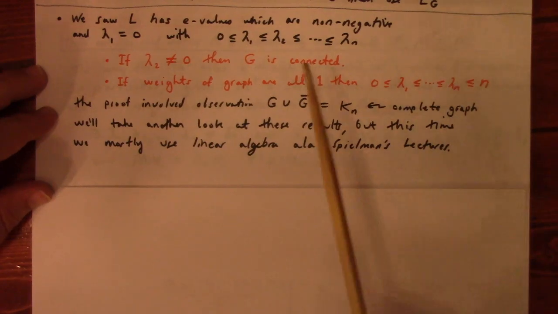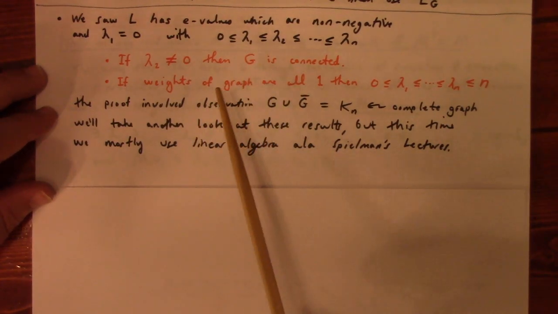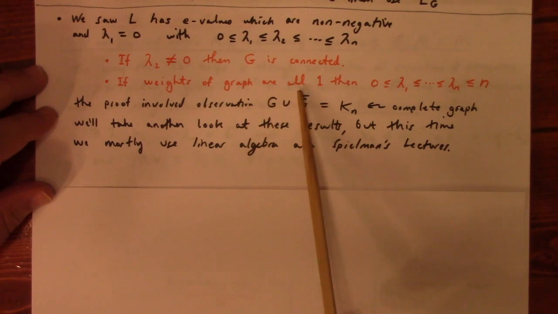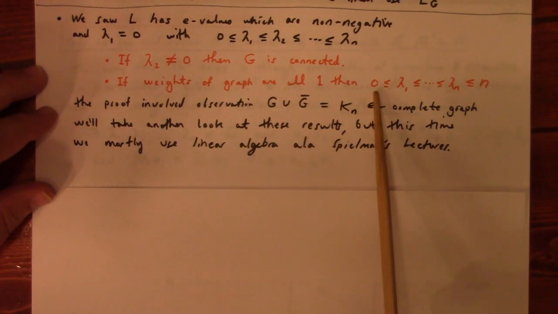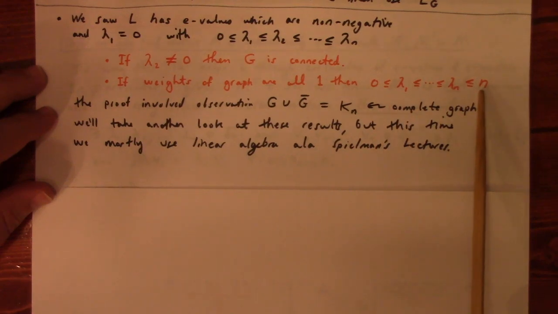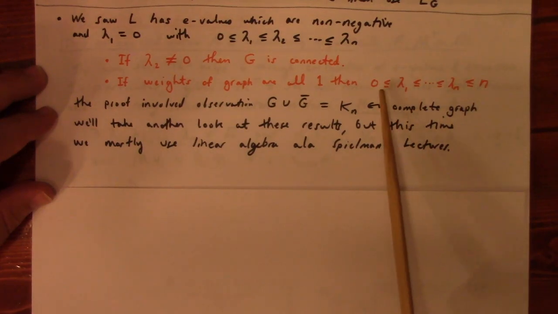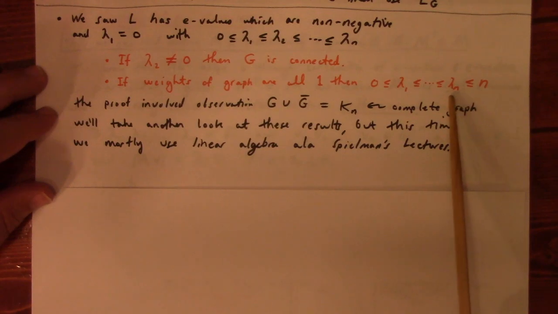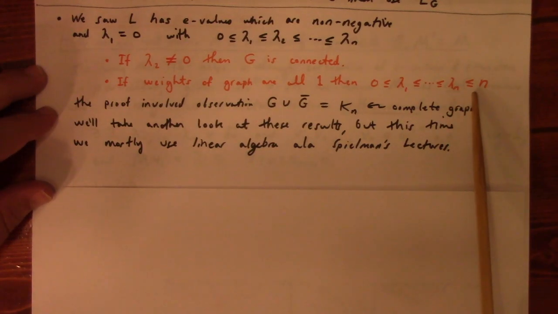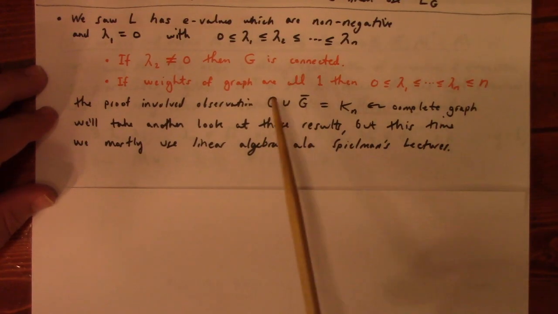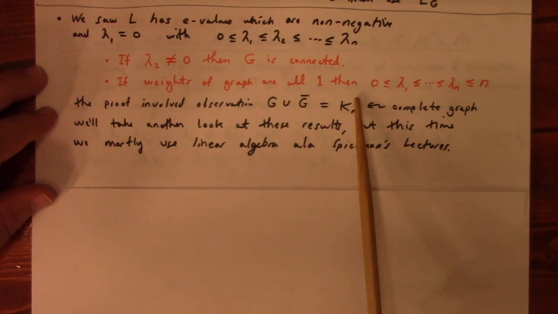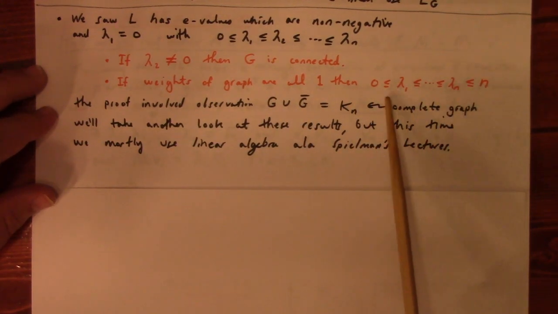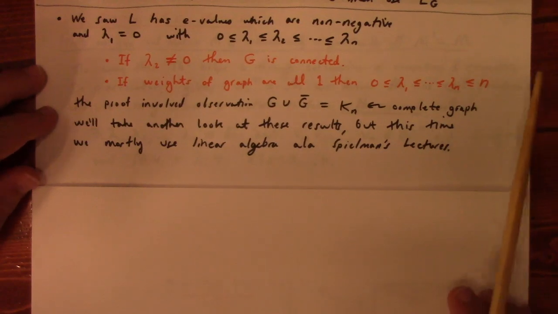If lambda 2 is not equal to 0, G is connected. If the weights of the graph are all 1, then we know 0 is a lower bound, which is attained, and n is an upper bound, which may or may not be attained. However, if the weights of the graph are not 1, if they're different things, well then all bets are off in terms of the spectrum. The spectrum doesn't have to go between 0 and n. Other things can happen. We'll see that today.